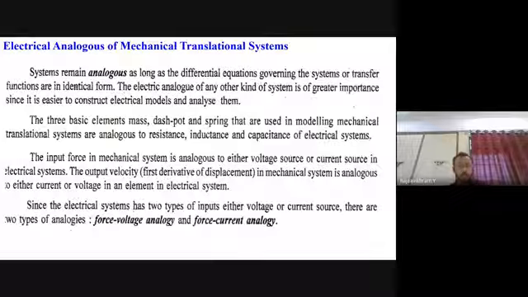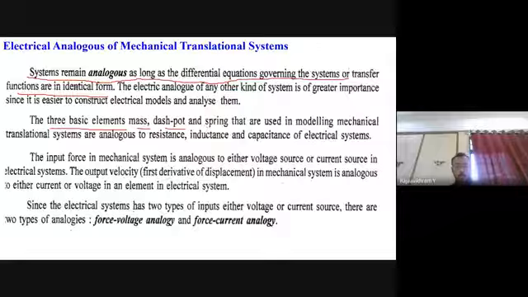The first point on analogous is that the two systems have the same differential equation governing the system as well as identical transfer functions. The mechanical system consists of three elements: mass, dashpot, and spring.